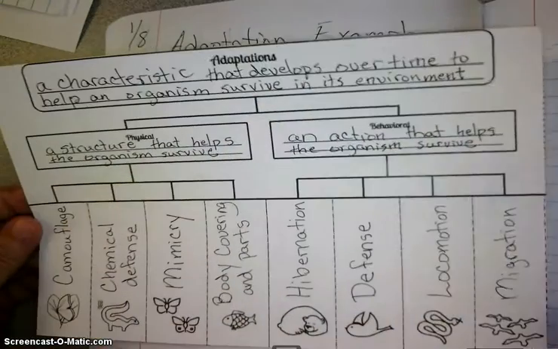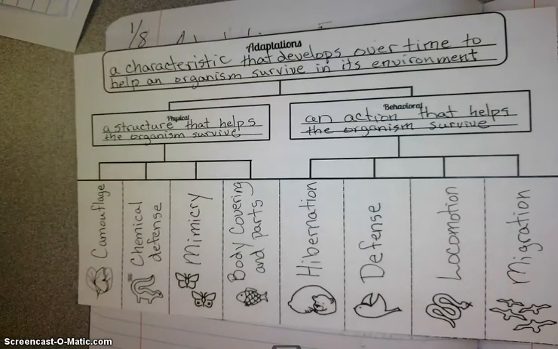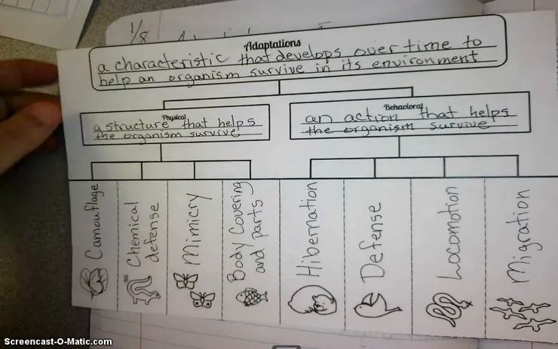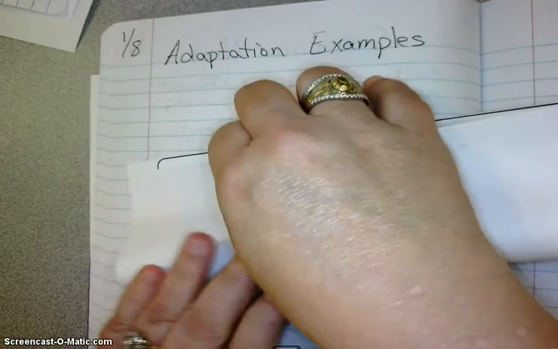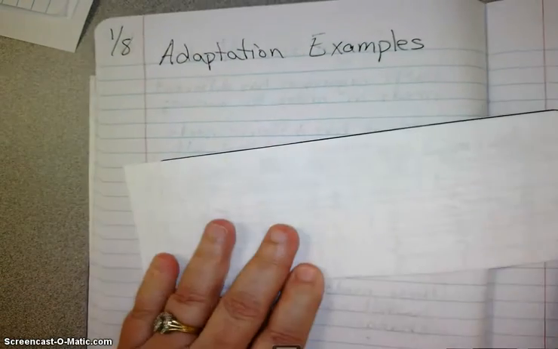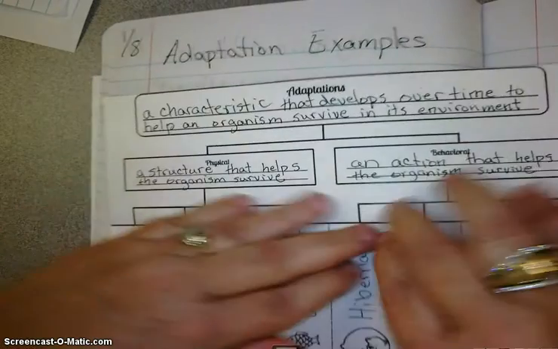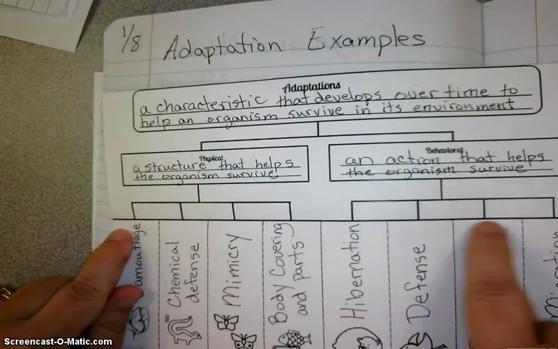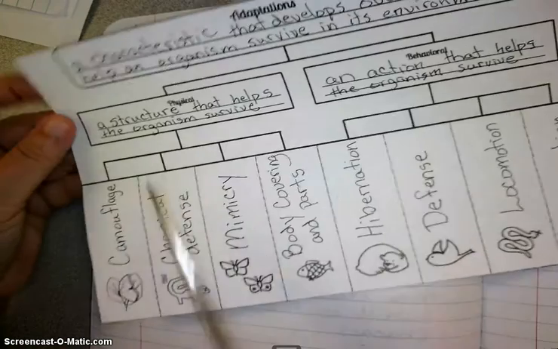So what we did was I want you to cut on the dotted line around your graphic organizer, and then I want you to fold it in half so that you will have a crease along this solid line. Now, we're not going to cut that solid line.